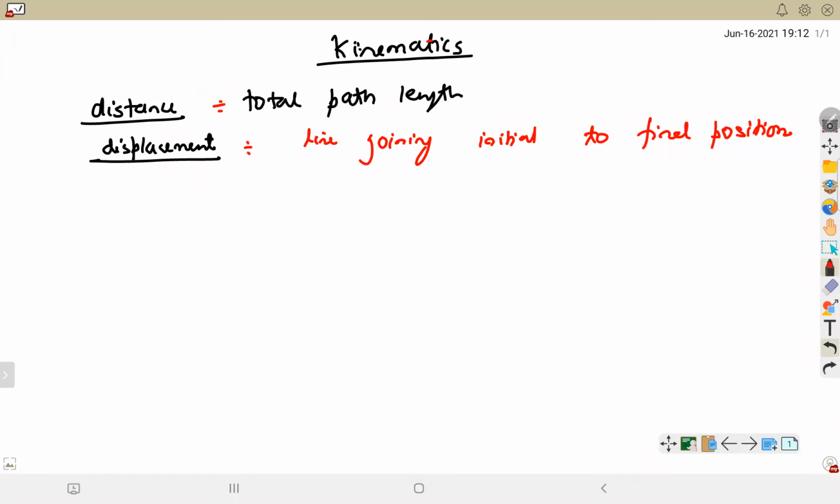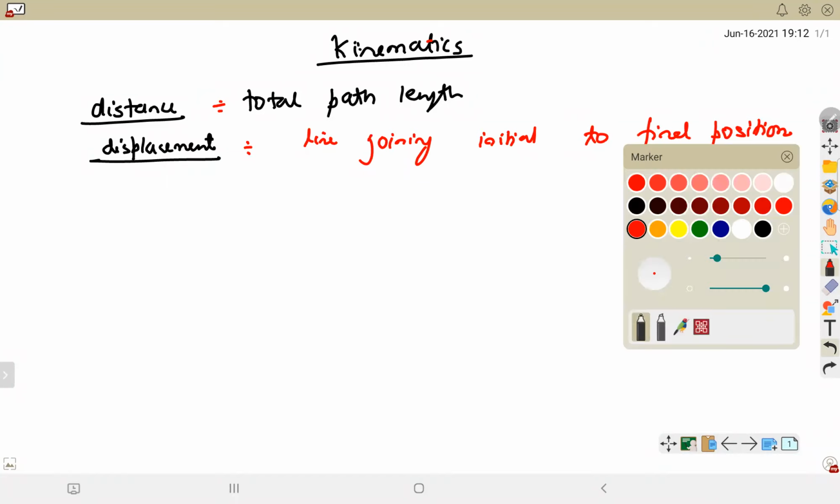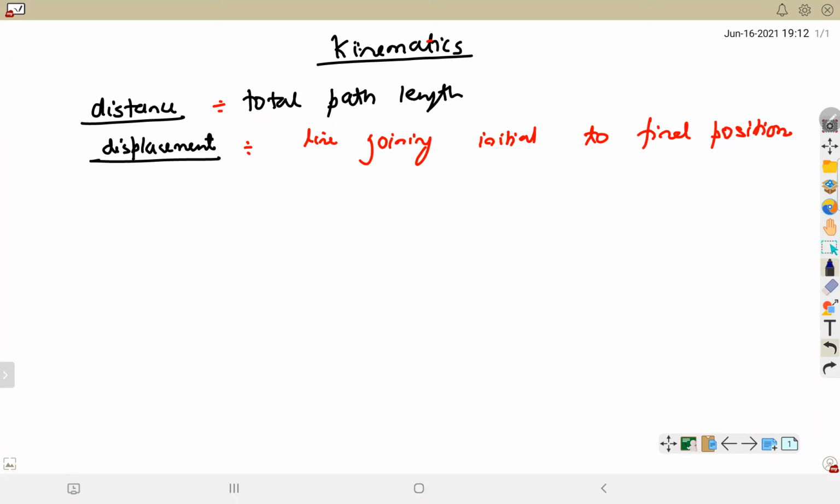Distance is always greater than or equal to displacement. Distance can be equal to displacement only under one condition, when the body is moving in a straight line without changing its direction. So distance has to be greater than or equal to the magnitude of displacement in general. This is the general criterion.